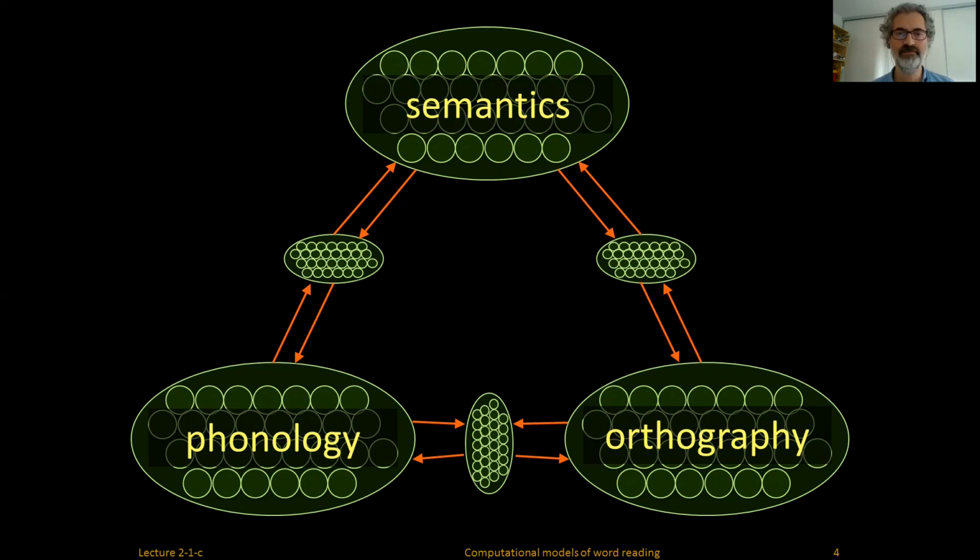What makes this difficult to understand is that the processing units here, these little circles, the processing nodes, aren't words. In fact, individual words are not represented anywhere locally in this model. You cannot find any individual word in here. Words are represented as distributed patterns of activation. What does this mean?